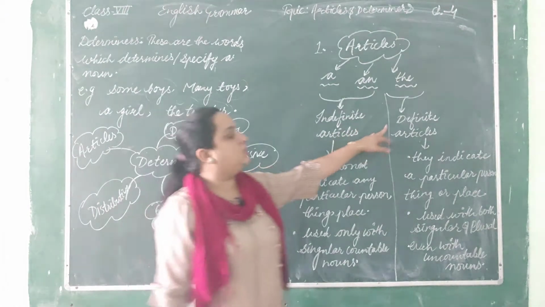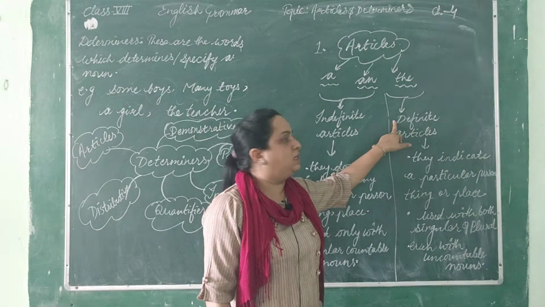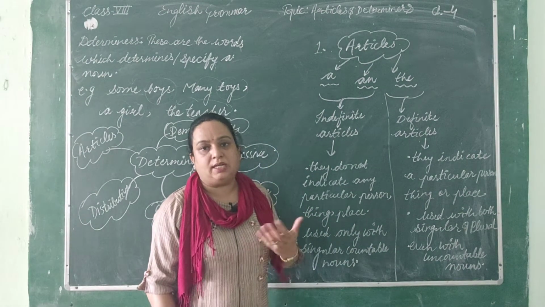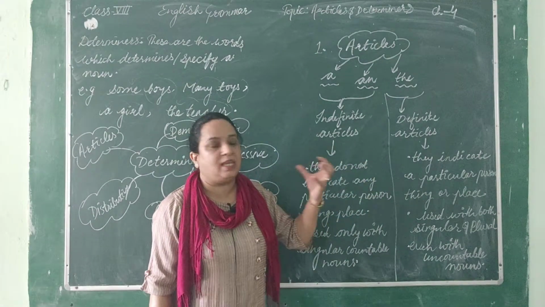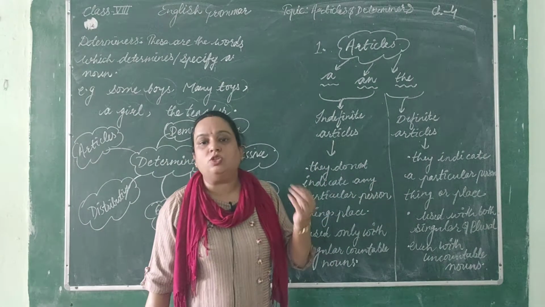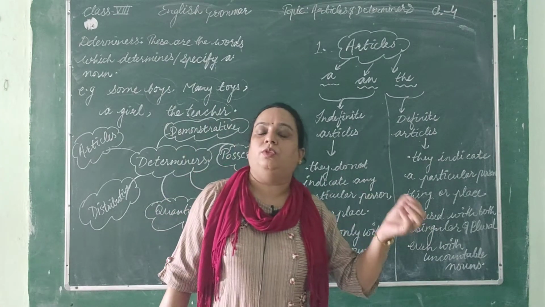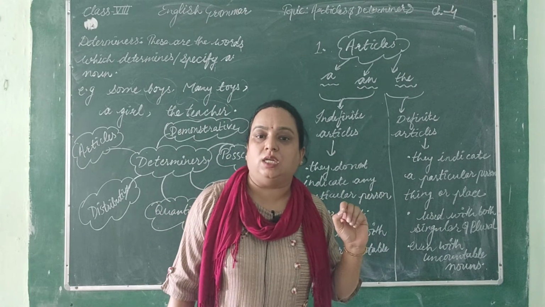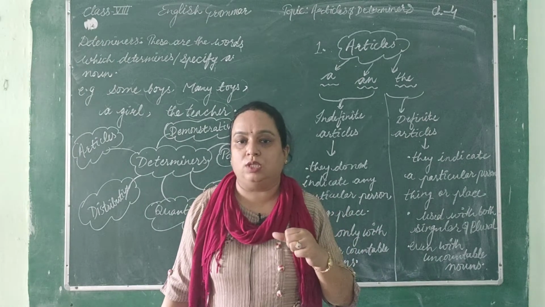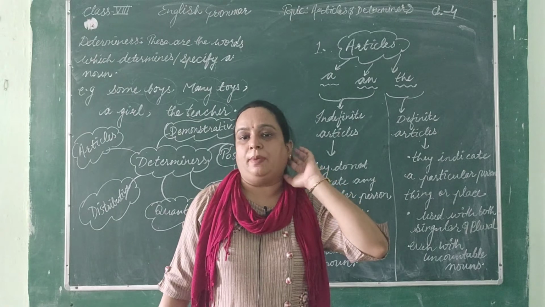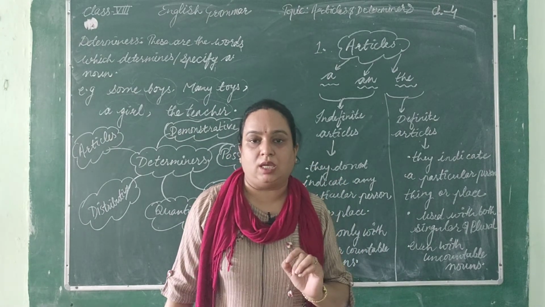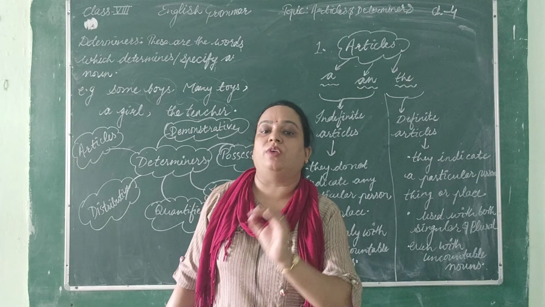When we talk about the second kind of articles, that is the, and the is what? Definite article, because this is used to indicate some particular persons, things or places. The most common example is with proper nouns, we have to use the here. The things which become particular, with those we use the. Suppose I give you one example. I have purchased a book, I am saying here, and the book was very interesting.